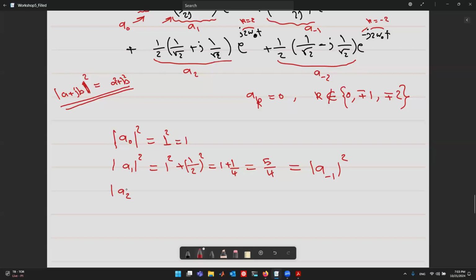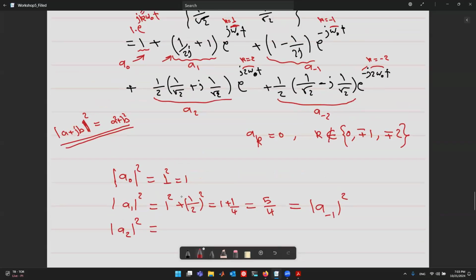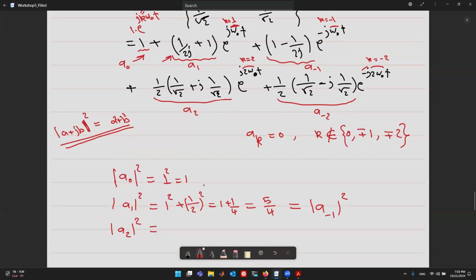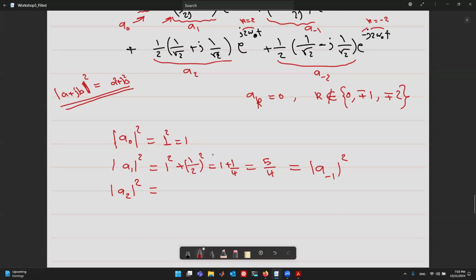Now the magnitude of a2 squared is the magnitude of this multiplied by 1/2, right? What's the magnitude of this complex number? It'd be just 1, because it's 1/2 plus 1/2. Yeah, that's correct, 1, and then multiplied by 1/2.